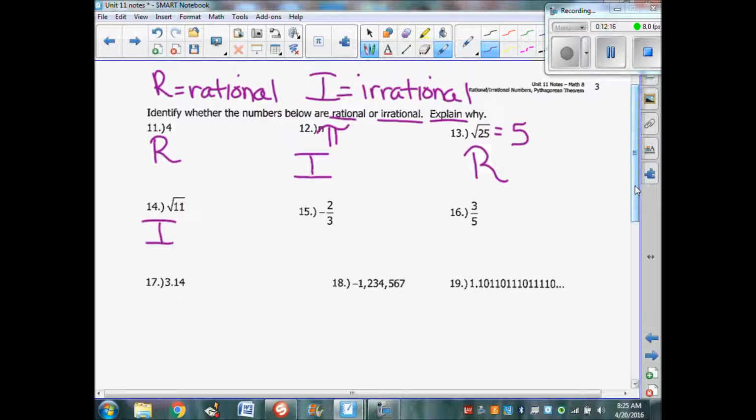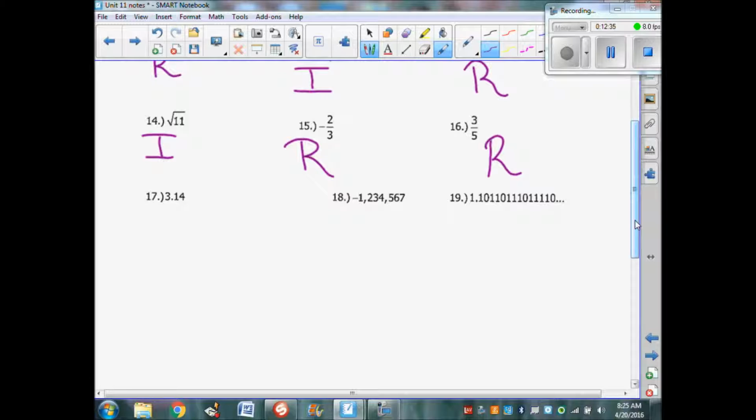15. Come on, guys. Somebody else. Kevin, I believe that this is rational. Yep. Because what? It's a fraction. Perfect. Number 16. Rational? Because that's a fraction. Perfect. 17. Darius.